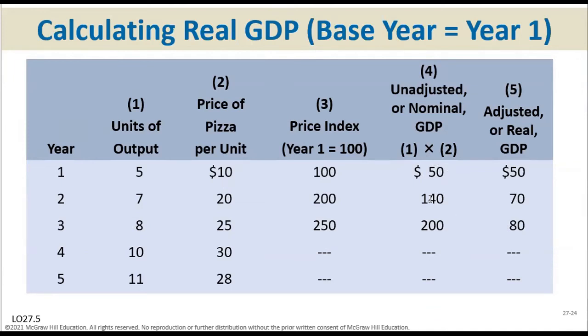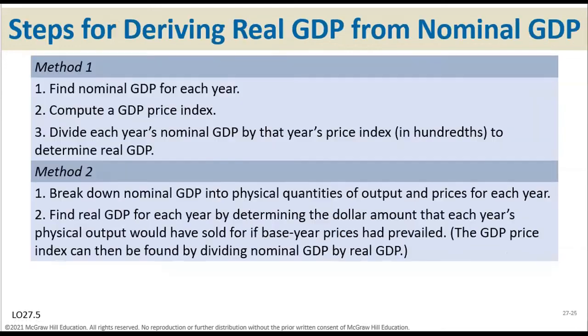So you will take 140 divided by 2, 200 divided by 2.5, and check your understanding to make sure that you grasp the concept correctly. So this table summarizes the two methods of determining real GDP in our single good economy.